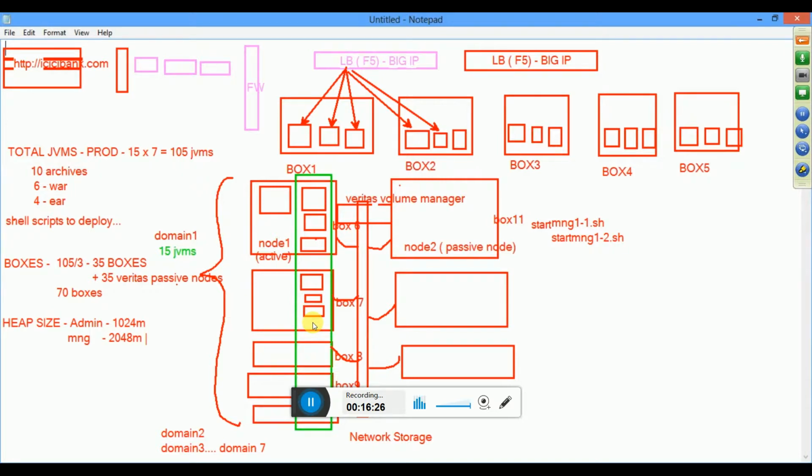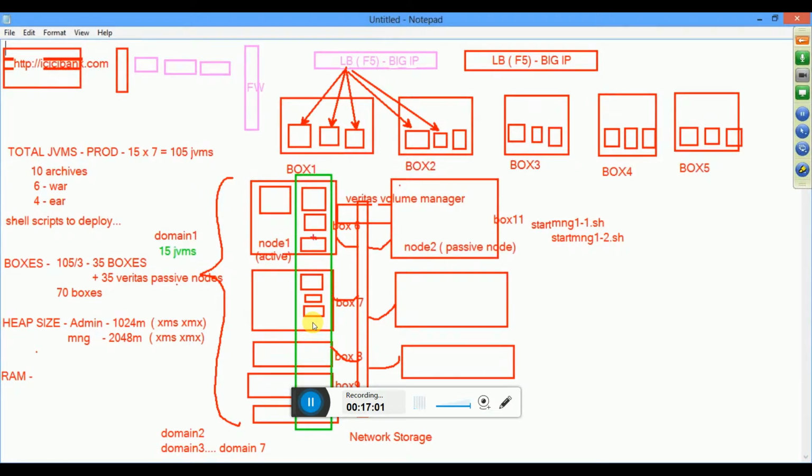You'll simply say we are using 2048 because Oracle has recommended 2048. These settings are both XMS and XMX, guys, by the way. The same 1024 is for XMS and XMX. Here also 2048 is XMS and XMX.